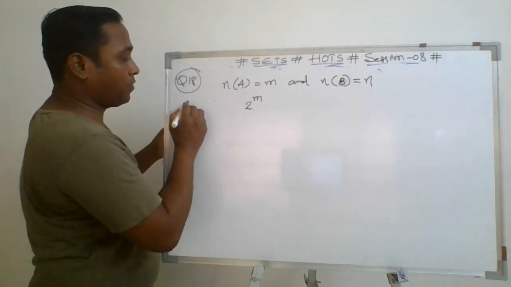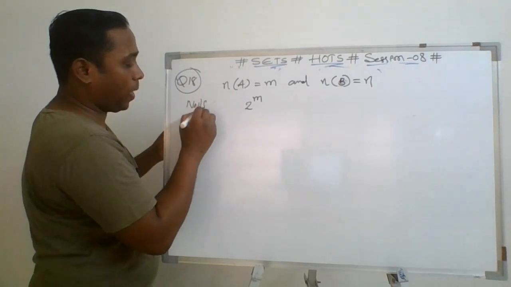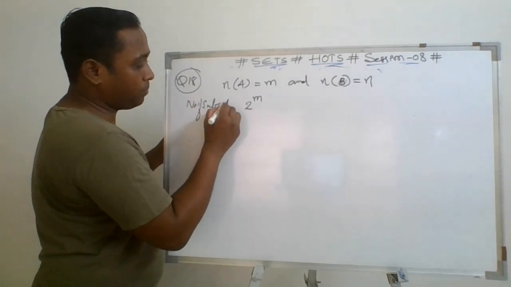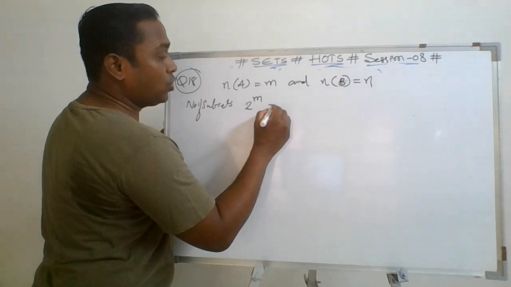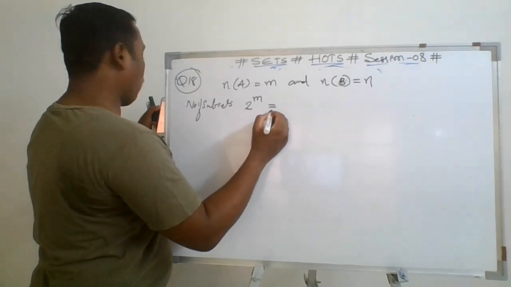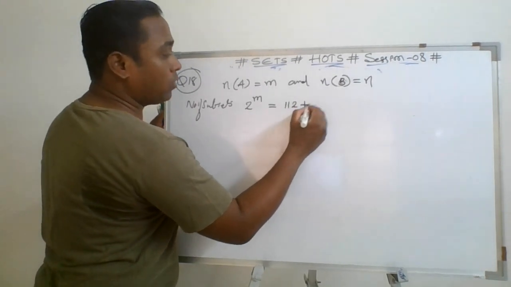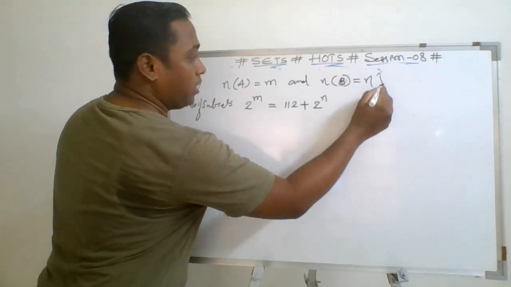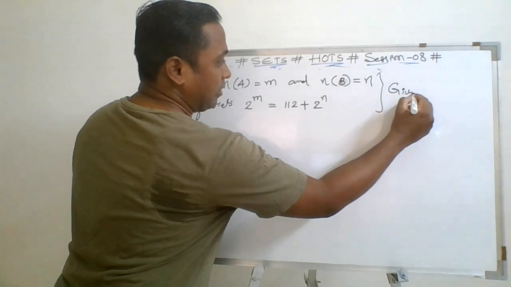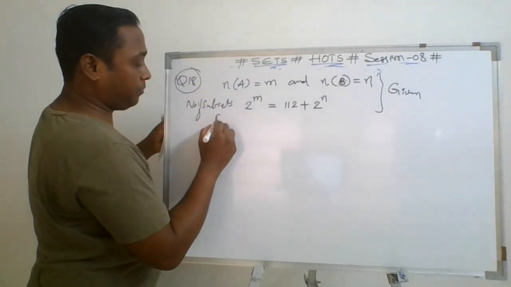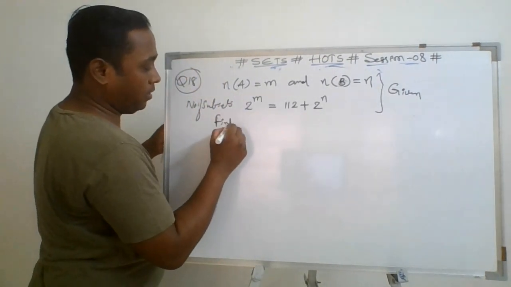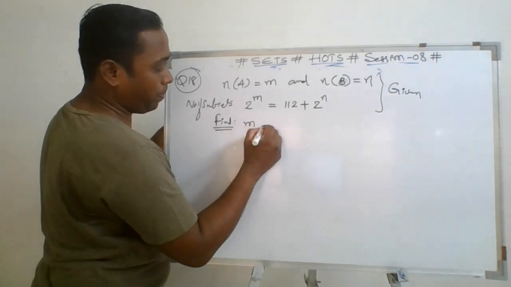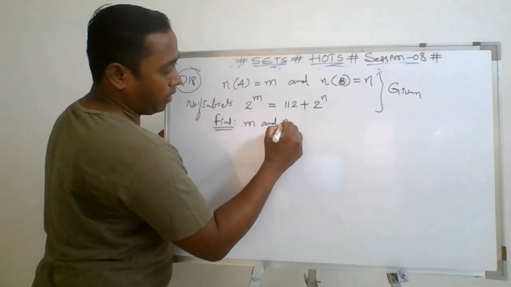This is the number of subsets. Given that it is 112 more than the number of subsets of the second set. Okay, these two things are given to us. So what do we need to find? Find the value of m and the value of n.